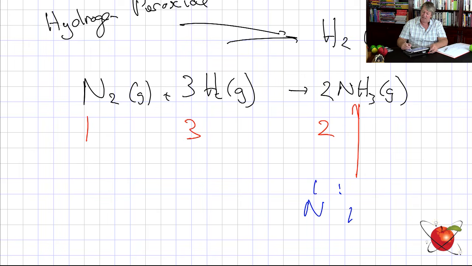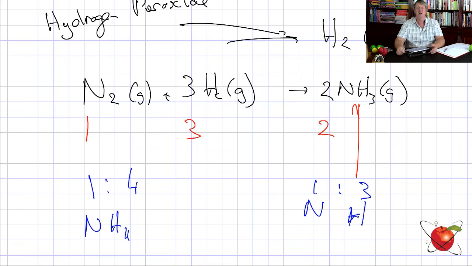1 N and 3 H. If it is not NH3, if it's not combined in that ratio, if the ratio is 4, then it is NH4, ammonium. Ammonia and ammonium. Ammonium is the NH4 plus ion, so it's different.